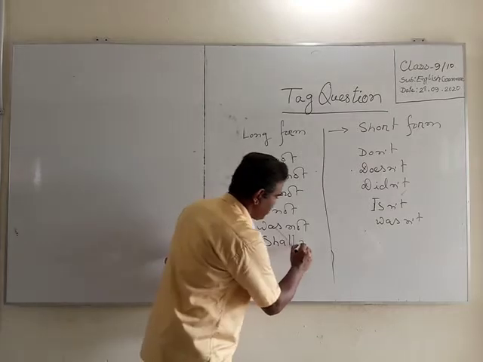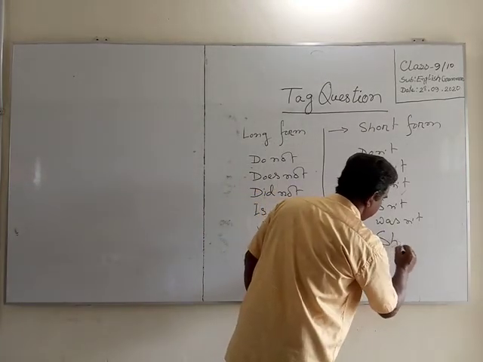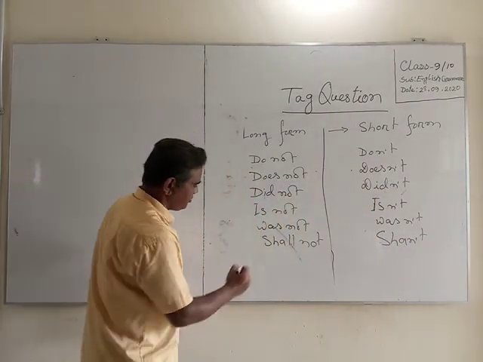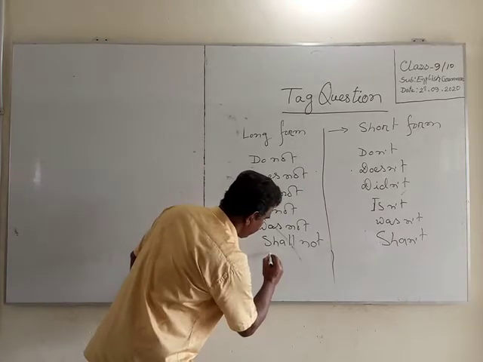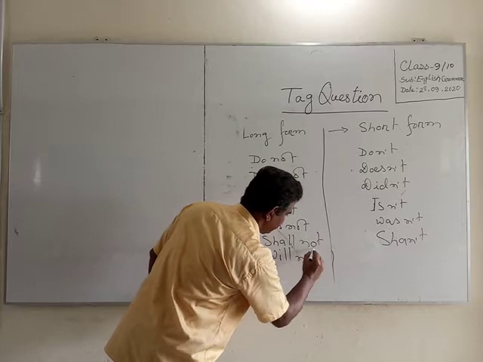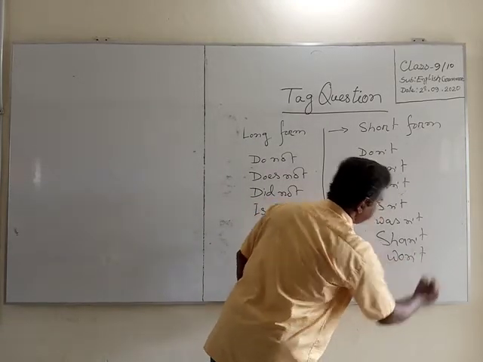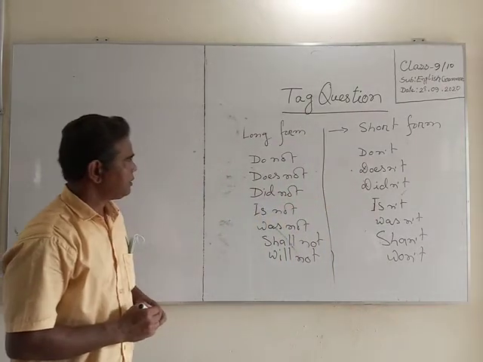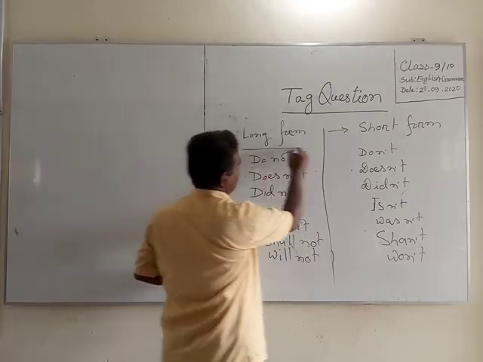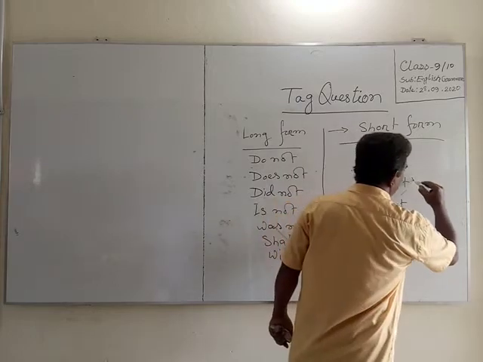Shall not, but the tagging short form is shan't. Will not, tagging form is won't. These are the long form and the tagging short form. You must avoid the short form in that question.